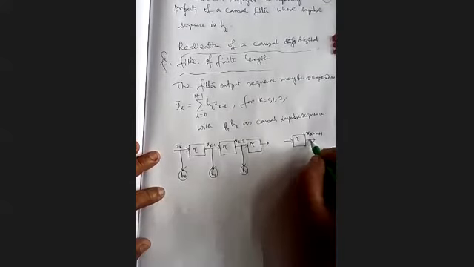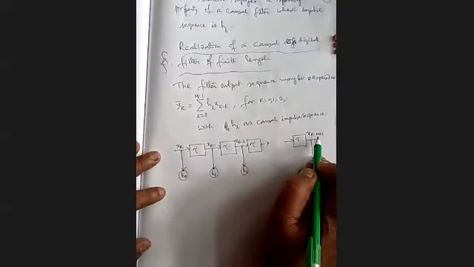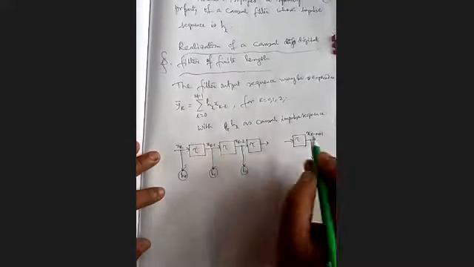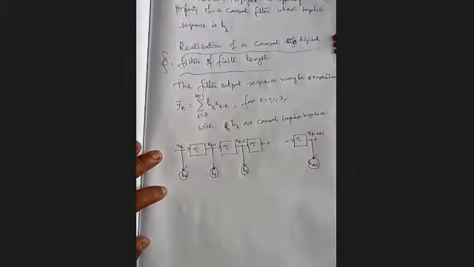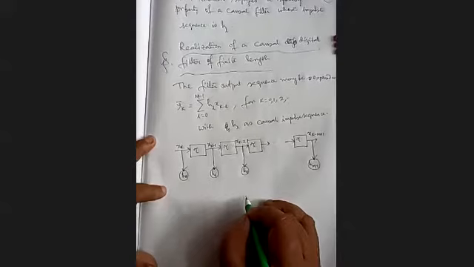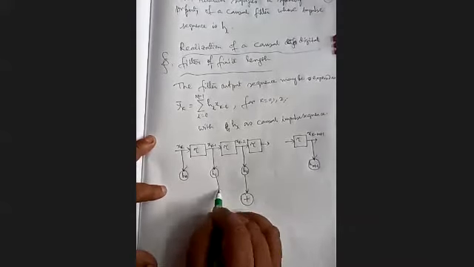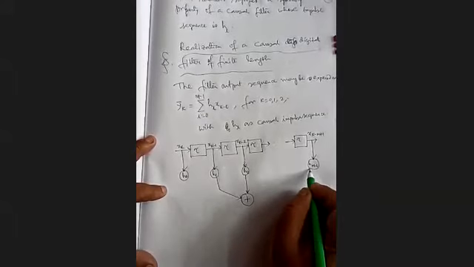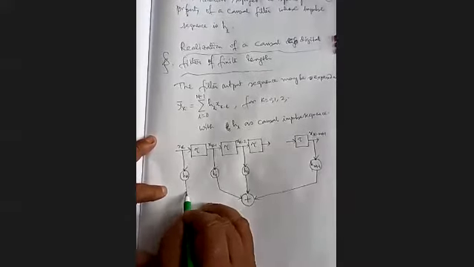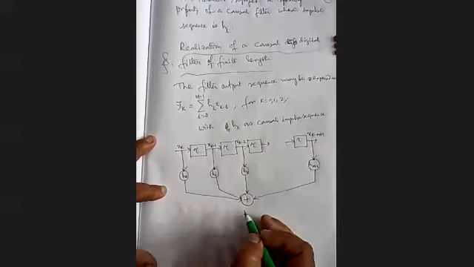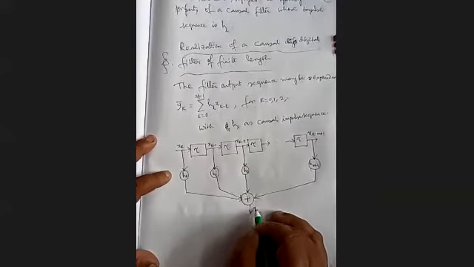And finally, when L equal to m minus 1, so xk minus m plus 1 will be multiplied with h m minus 1. And now they will be all added. And this is our yk bar.